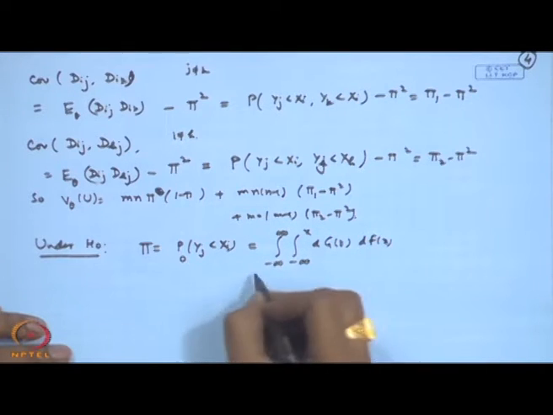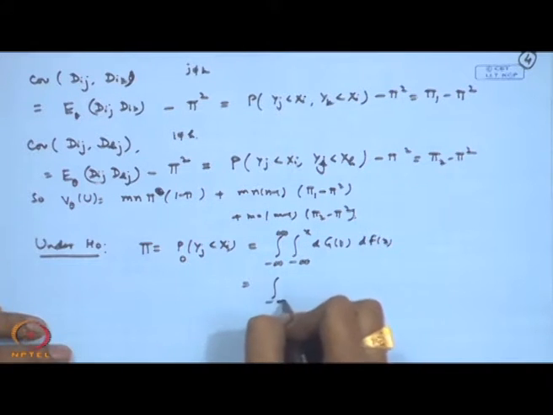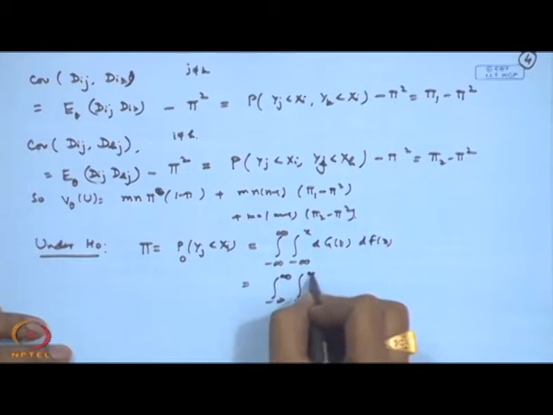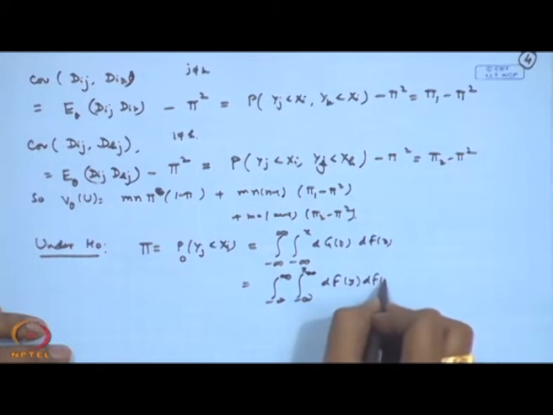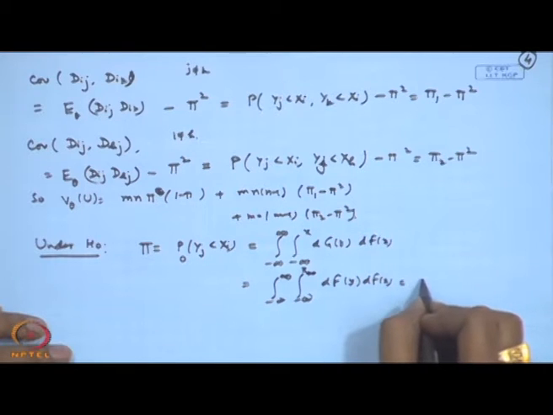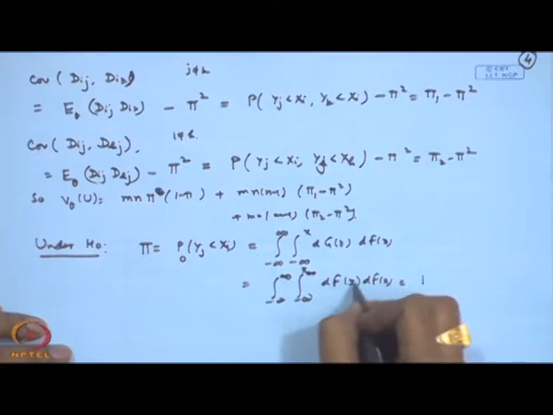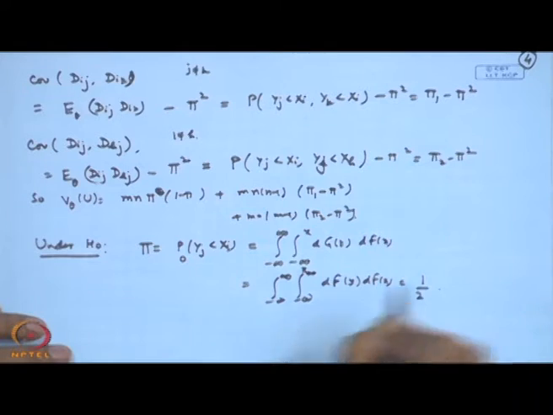Under H naught, they are same, so d F y d F x. So, that is equal to simply in the first integral this will give me F x, and then F x d F x will give F square x by 2. So, that is equal to half.